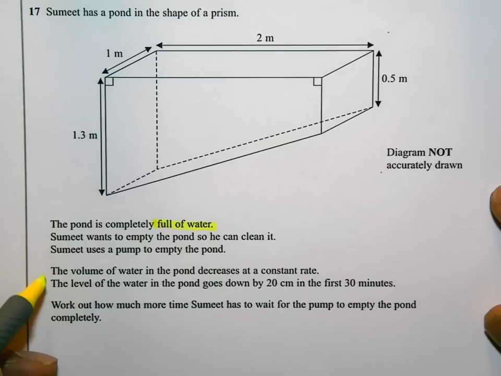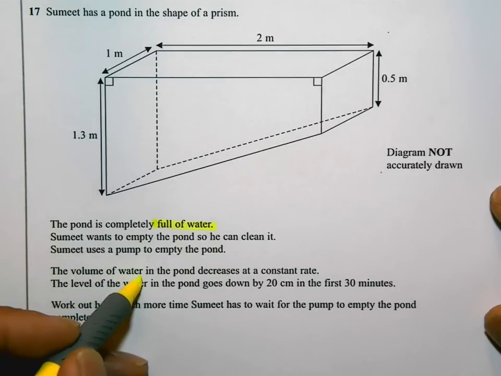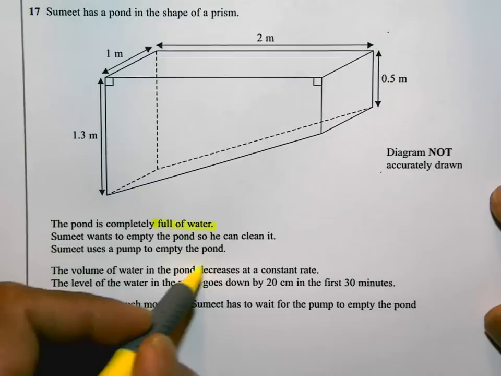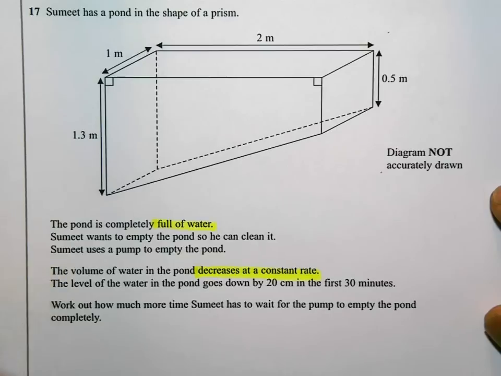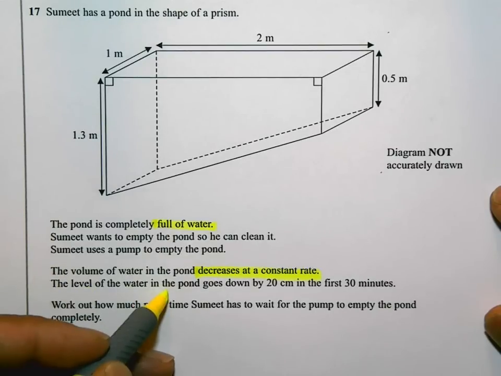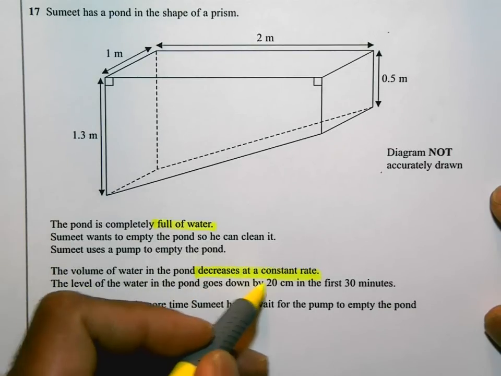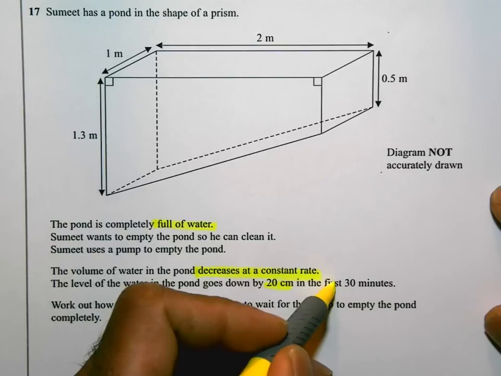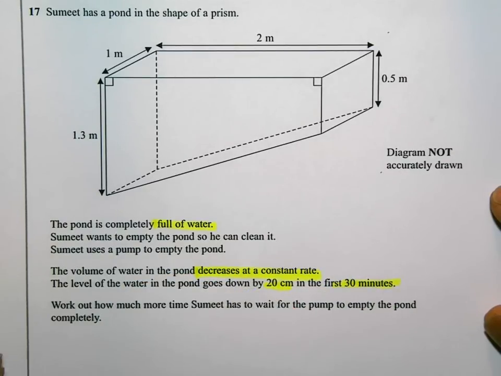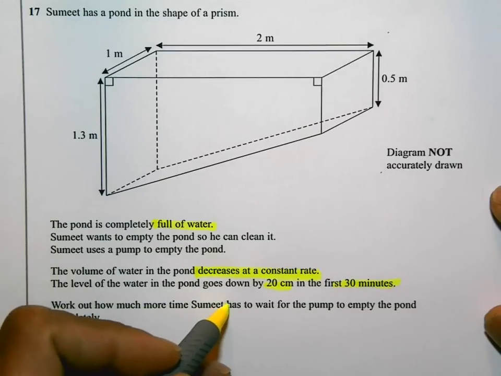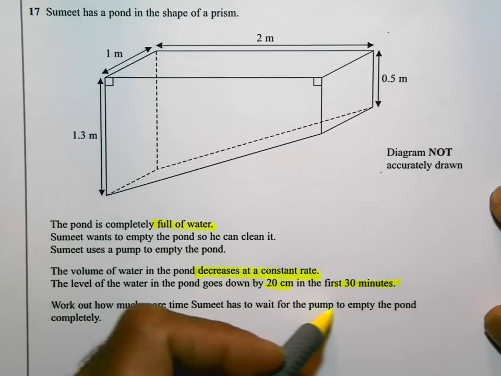The volume of water in the pond decreases at a constant rate. The level of the water in the pond goes down by 20 centimeters in the first 30 minutes. Work out how much more time Samit has to wait for the pump to empty the pond.